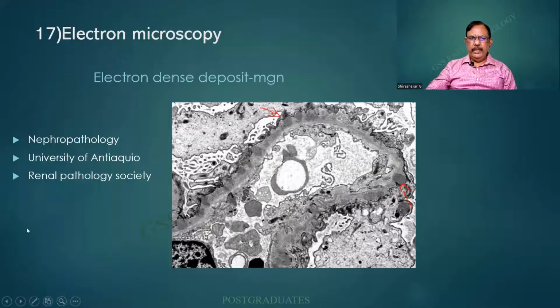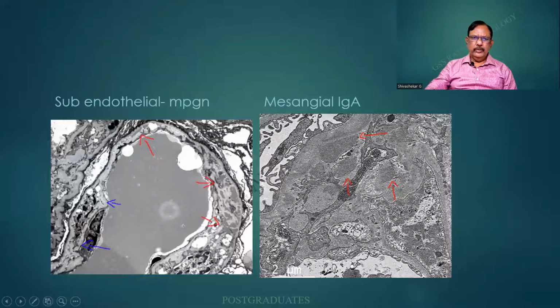Electron microscopy. Earlier we had mentioned, and this is again a beautiful source of reference. See this one. Always capillary lumen in the center, there will be an endothelium, the basement membrane, epithelium outside, and then there will be the deposits that are seen over here. So sub-endothelial in this case. So there is an endothelium, and beneath the endothelium, there are deposits or thickening that can be seen in this case.